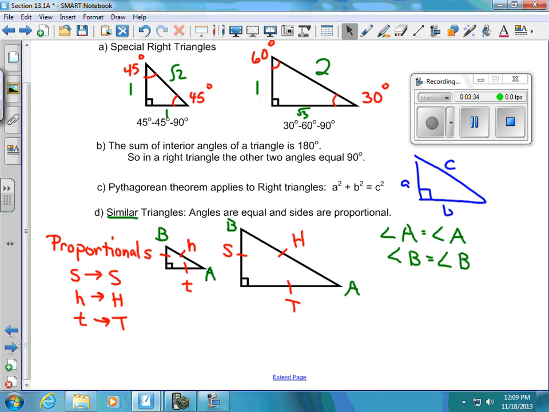So if little s is proportional to big S, and little h is proportional to big H, and big T is proportional to little t, then that means that big S divided by little s equals big H divided by little h, or big T divided by little t. So that's what we mean by corresponding sides being proportional.